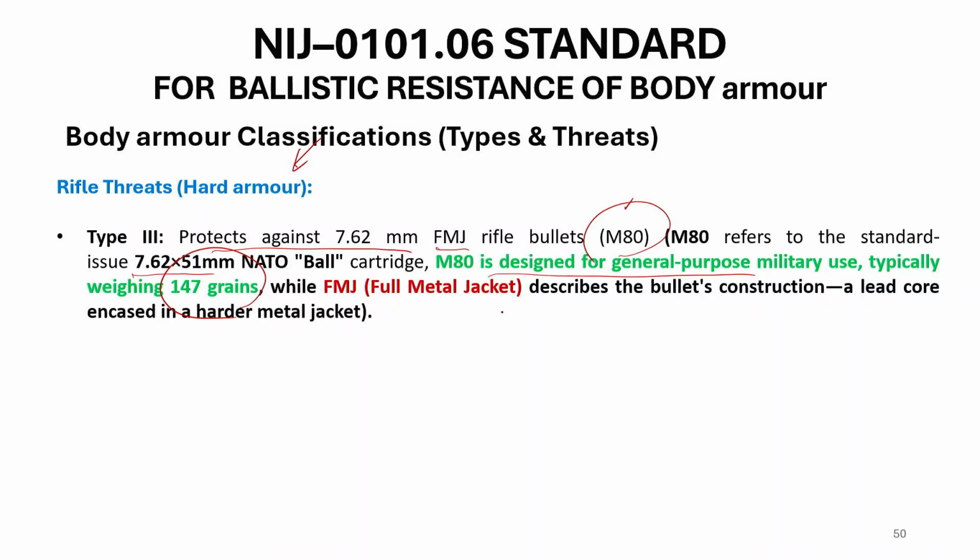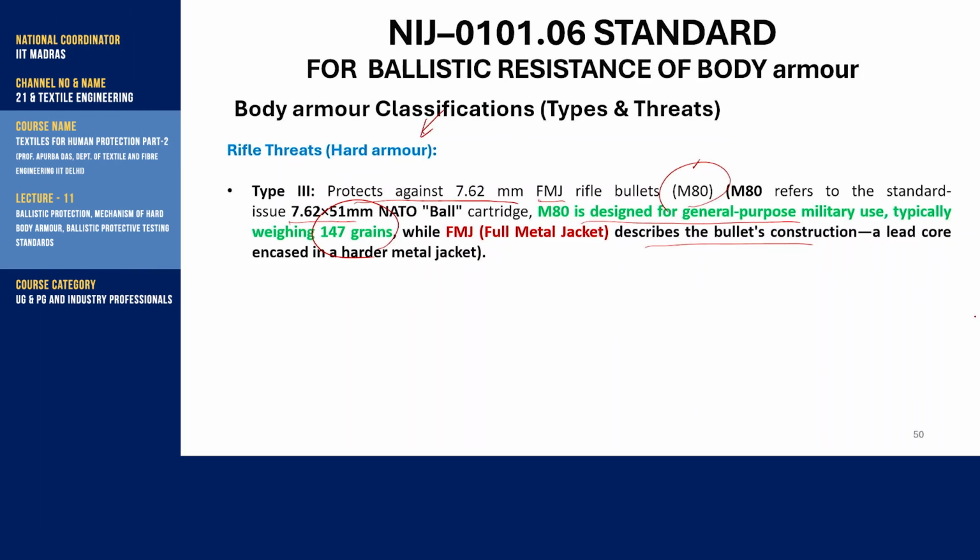Full metal jacket, FMJ bullets, describe the bullet construction; here a lead core is encased in a hard metal jacket. So, this is the type of bullet we are talking about. For that we need type 3.